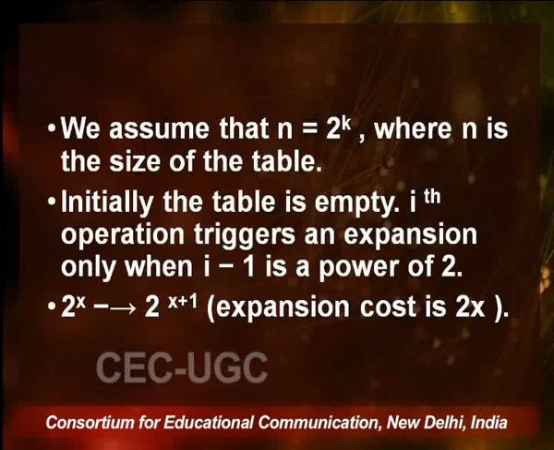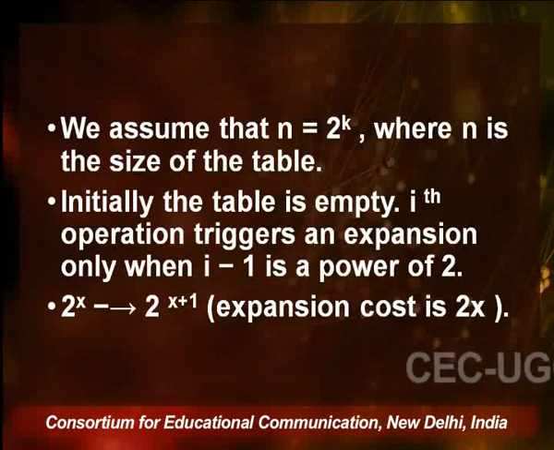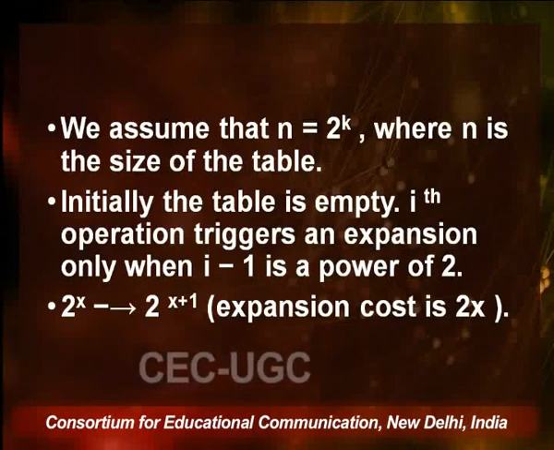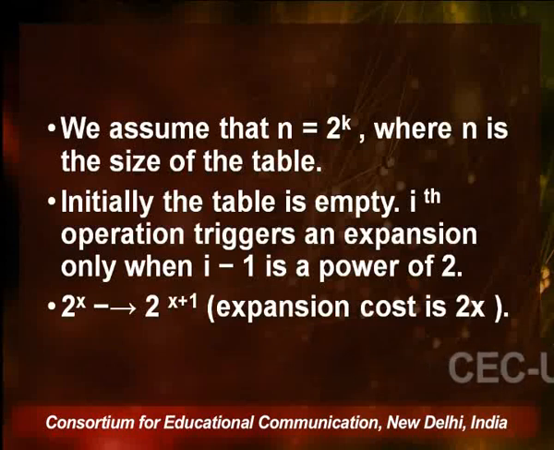Now try to understand the scenario where initially the table is empty and we start with the empty table. Which operations are going to trigger the expansion? Please understand that the only operations which trigger expansions are the ith operations where i minus 1 is a power of 2.